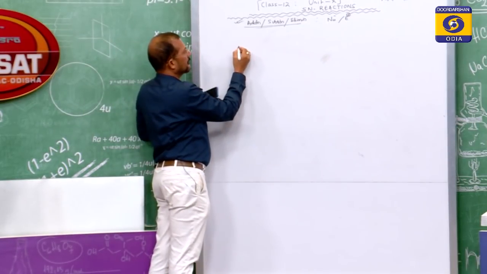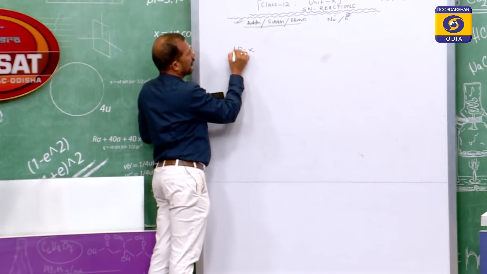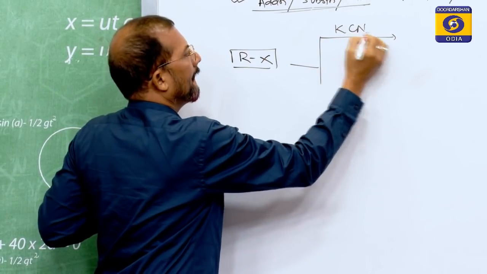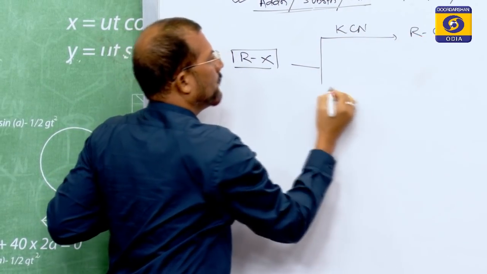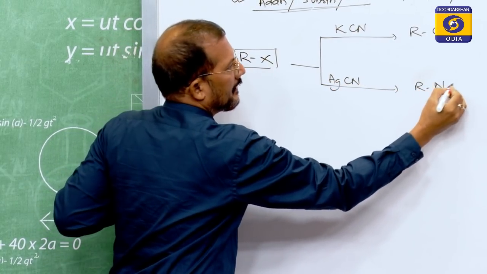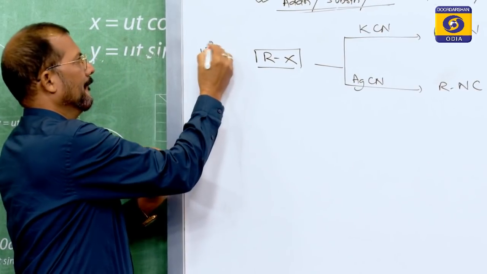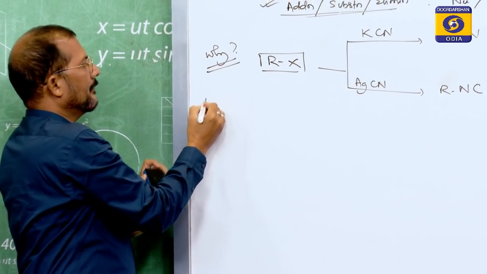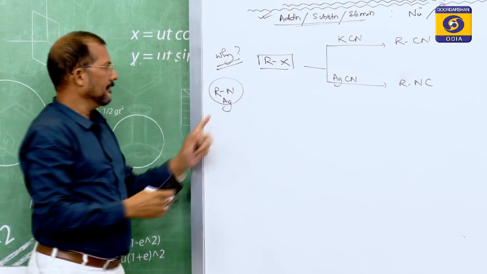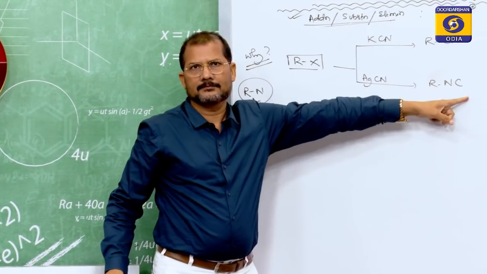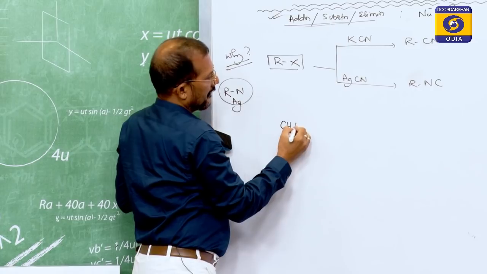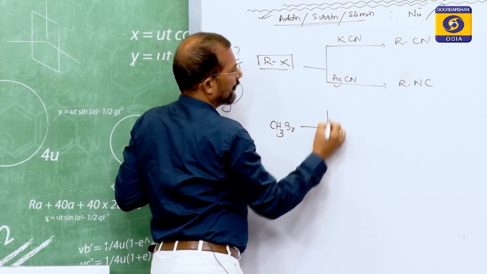Let us understand that an alkyl halide, when treated with KCN, produces RCN, and when treated with AgCN, it produces RNC. Why? The trick I have told you: if Ag compounds are given, then R is bonded to N. I can understand it this way.